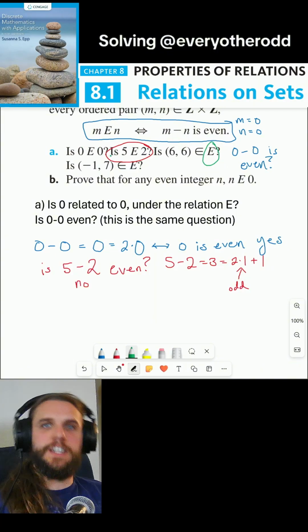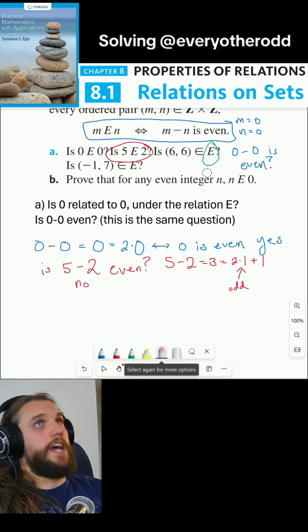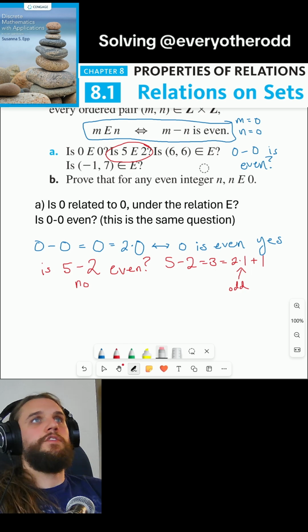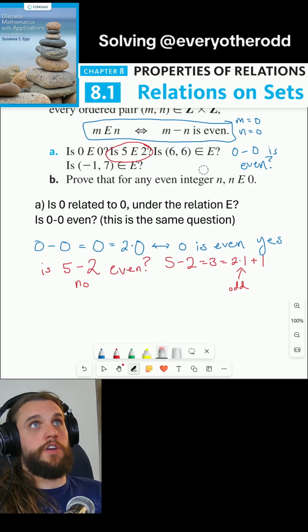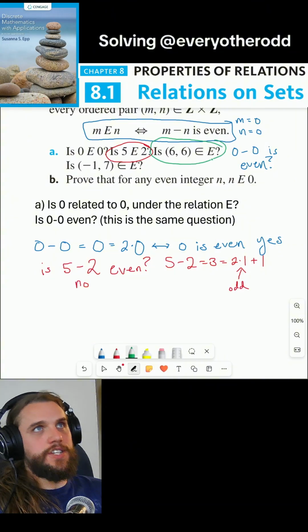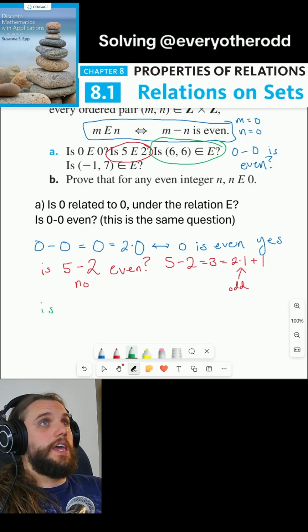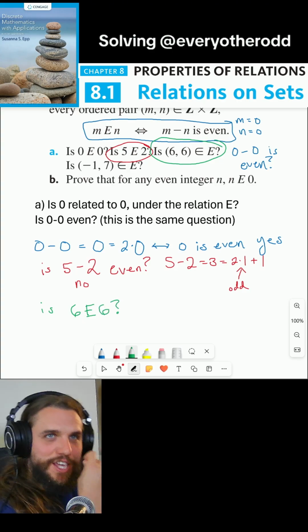It's a very different notation. So in this context, E is a set of ordered pairs that contain all of the elements that are related to each other under that relation. So when they're asking us, is 6, 6 an element of E, they really mean, is 6 related to 6? This is just a fancy way of asking this question.